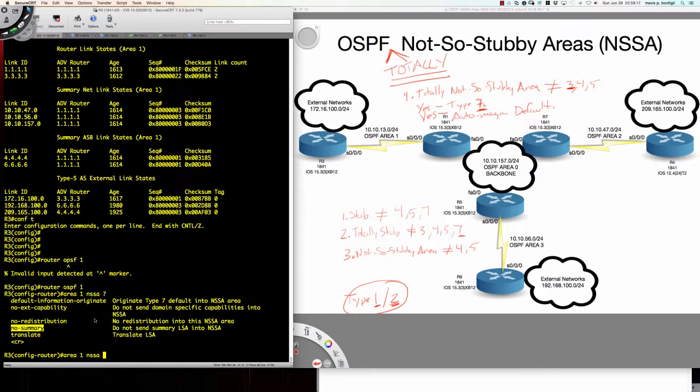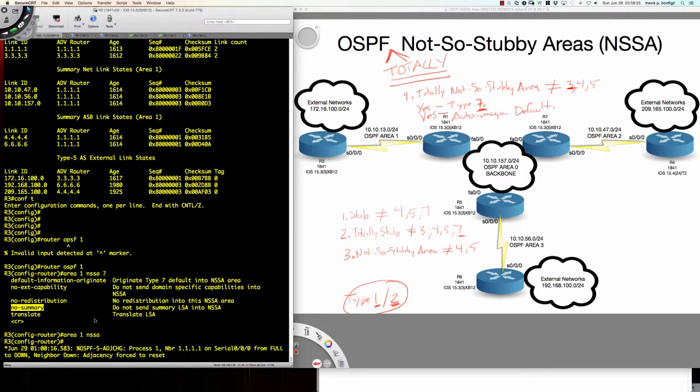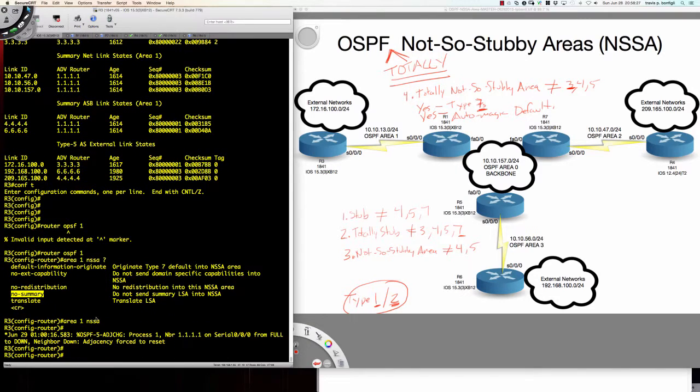And so just like the totally stub setup where I don't have to say no-summary on the member router, I can just go ahead and say area 1 NSSA, right? So it's just like going from a stub to a totally stub. On the member router, I simply stay with the same convention, area 1 NSSA.